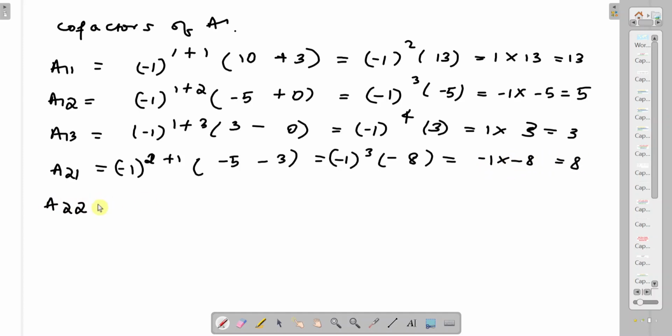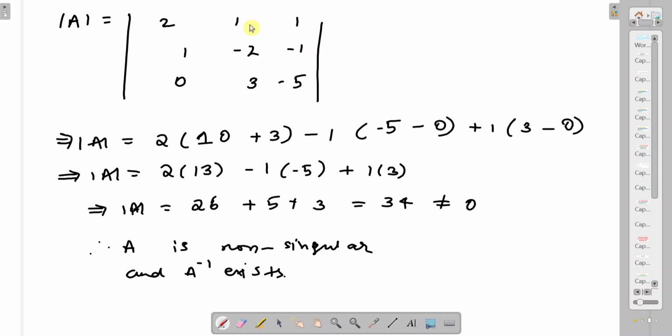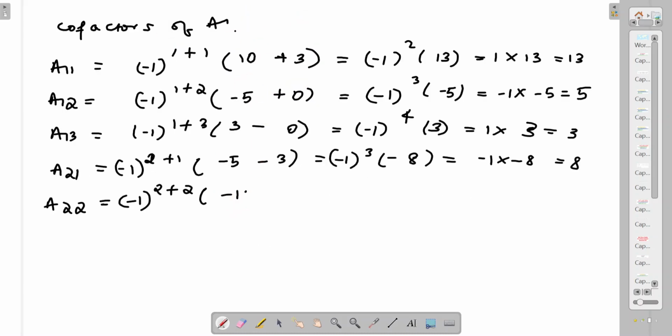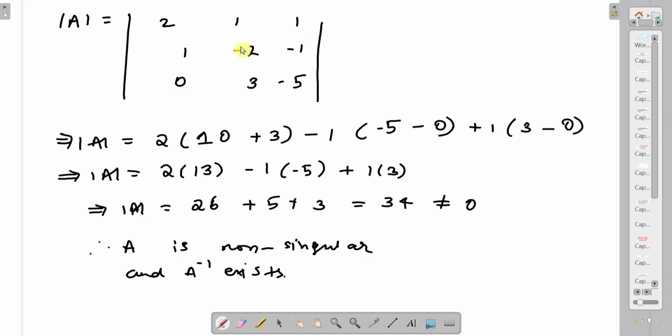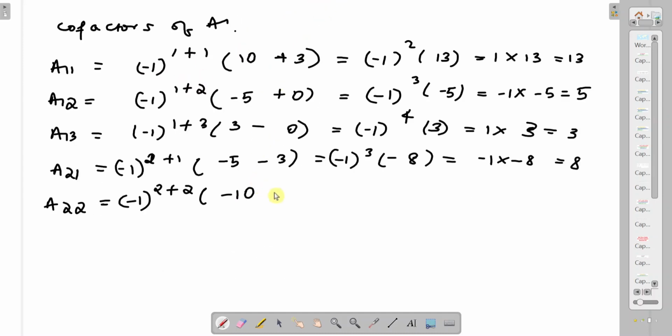Then A22, so minus 1 raised to 2 plus 2. So now we have to hide the second row in the second column. So minus 5 times 2 is minus 10. Then 0 times 1 is 0. Okay, this will be equal to minus 1 raised to 4 times minus 10. So that is 1 times minus 10, which is minus 10.